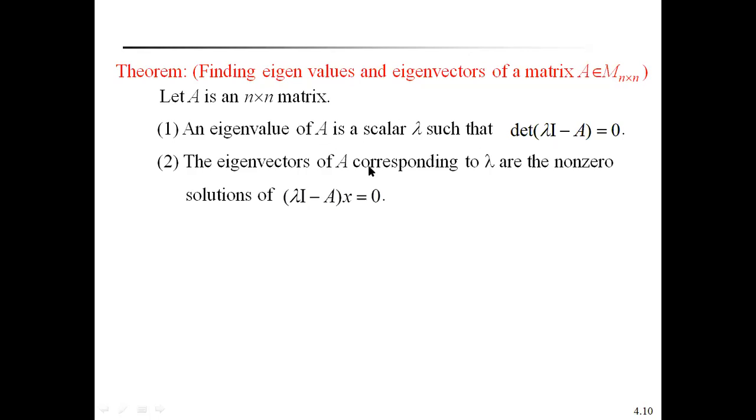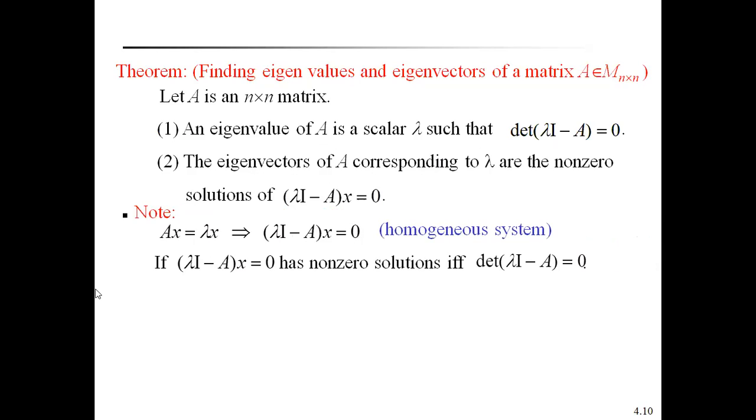To find the eigenvectors of A corresponding to lambda, we take the non-zero solutions of (lambda I minus A) x equal to 0. From this we can get the x vector, and that vector is called an eigenvector corresponding to that lambda. These are the important points to find the eigenvalues and eigenvectors.